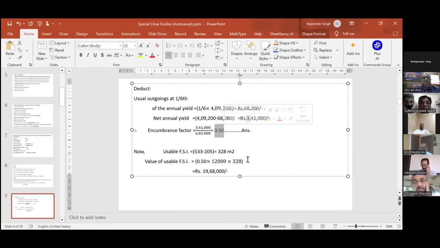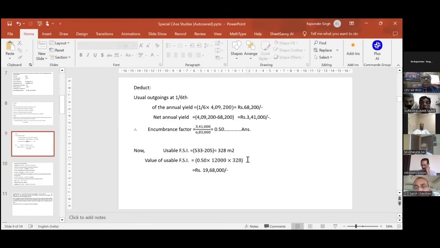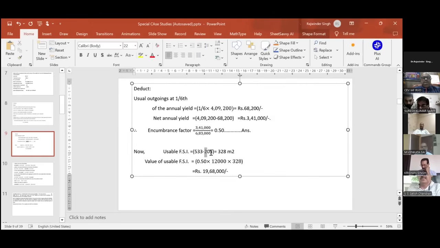And out of which, see here, 205 square meter has been utilized, let us suppose, out of 533. It means the remaining 328 square meter can still be used.